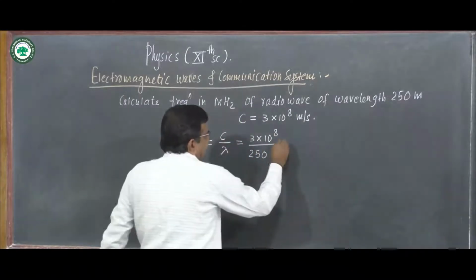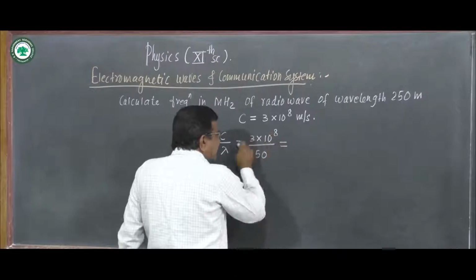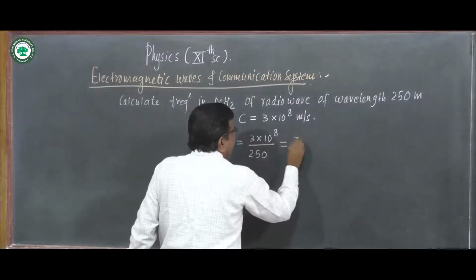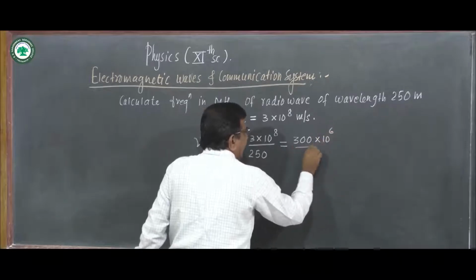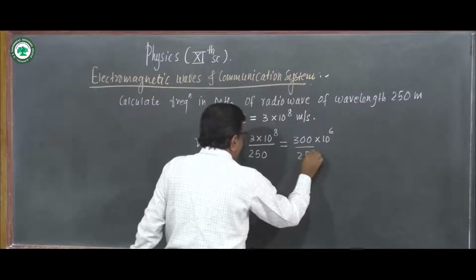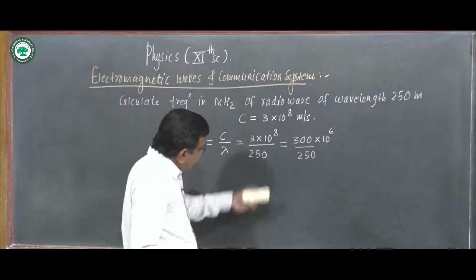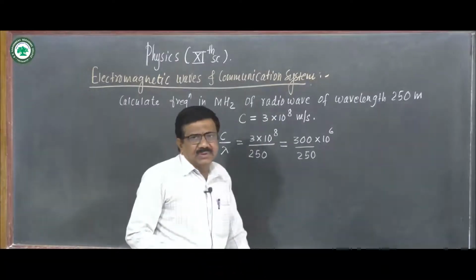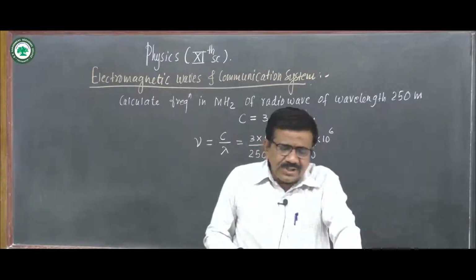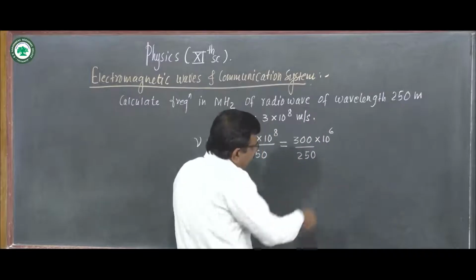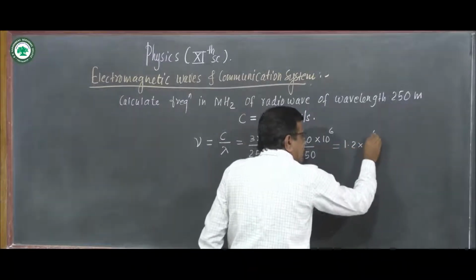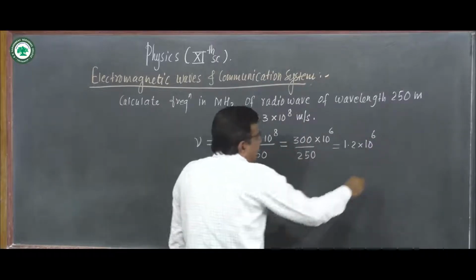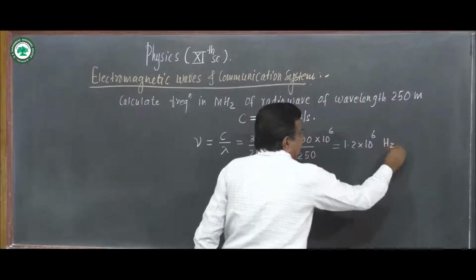By adjusting the powers, we write this as 300 into 10 raised to 6 divided by 250, that is 30 upon 25, or 1.2. Simply this is 1.2 into 10 raised to 6, and the unit of frequency is hertz.